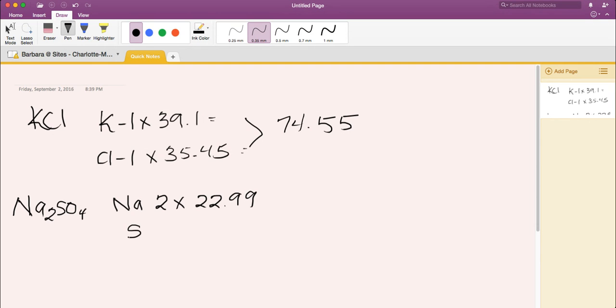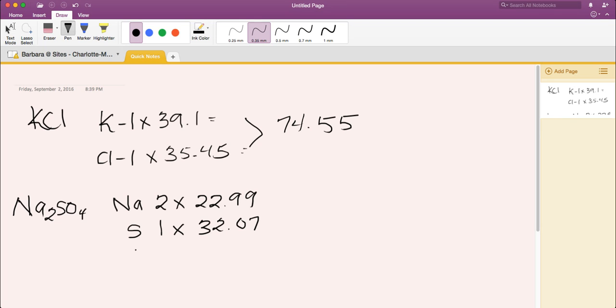Then when you go to your periodic table, you see that you have 1 sulfur, and the mass of 1 sulfur is 32.07. So now we're going to take this 1 and multiply that times the 32.07.